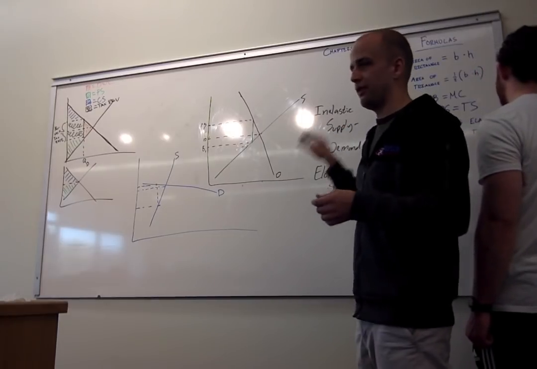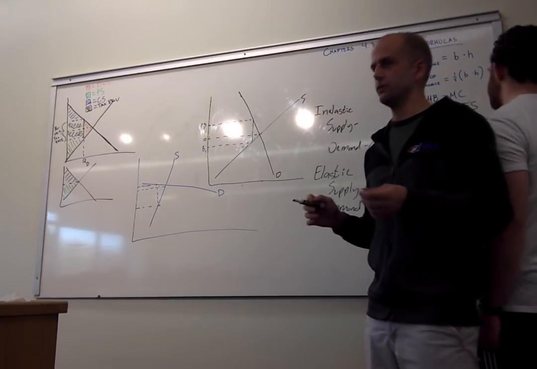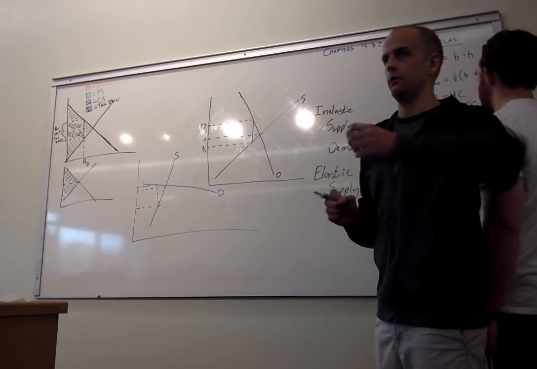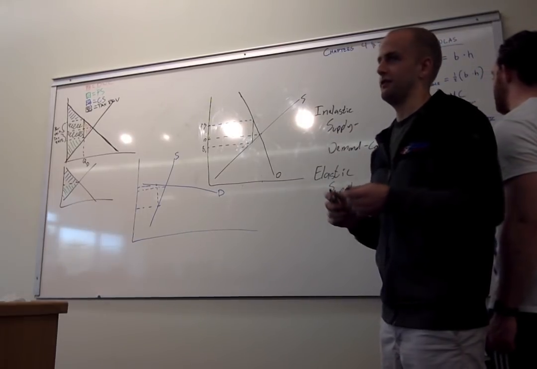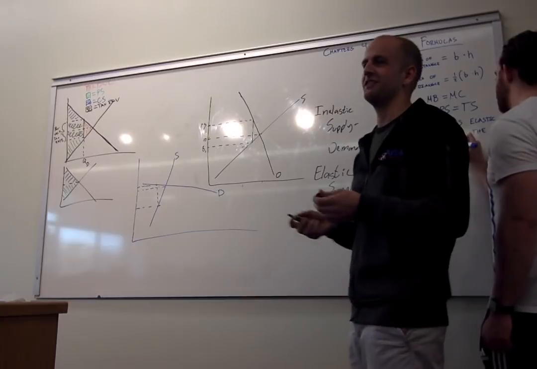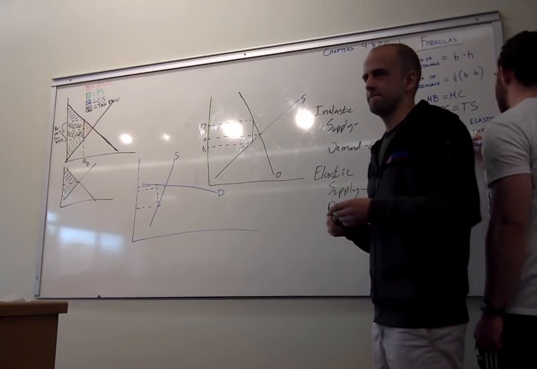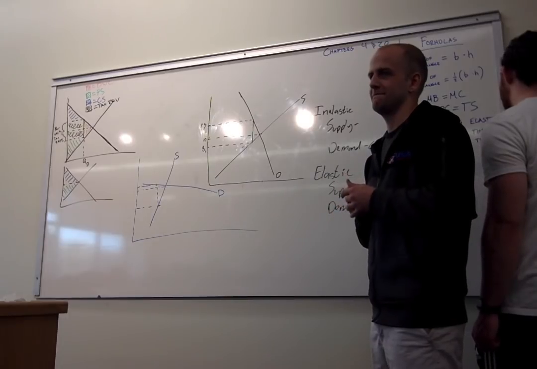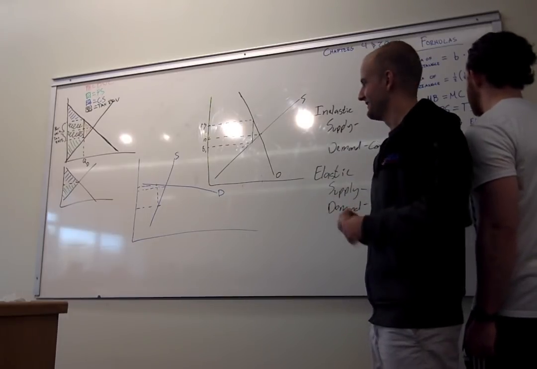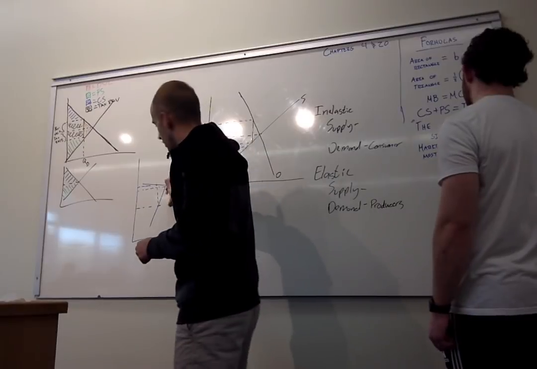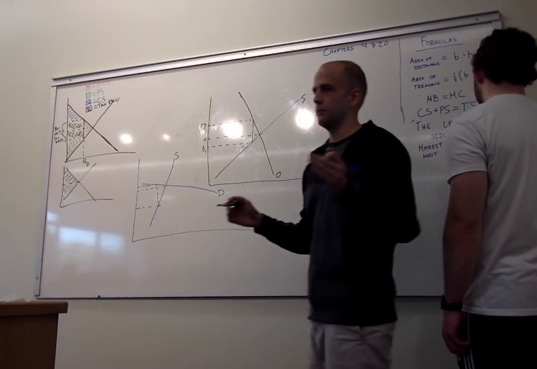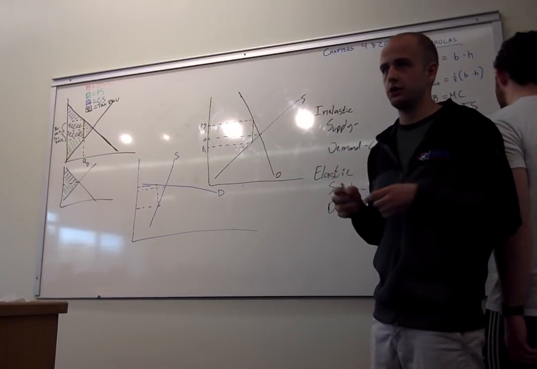So now when supply is inelastic, who pays the most of the tax? Why? Because of the opposite of supply. Can anyone explain that? One way to do it, yeah. So when it's inelastic, when it's more vertical, any change in price doesn't really change the quantity, right?